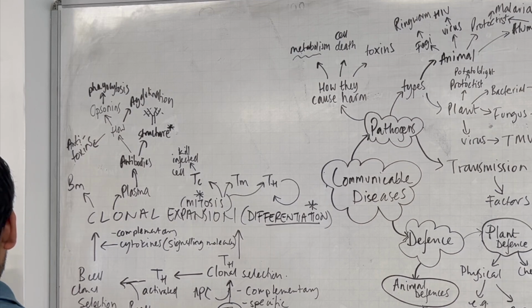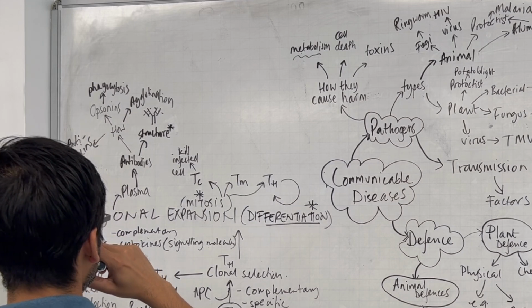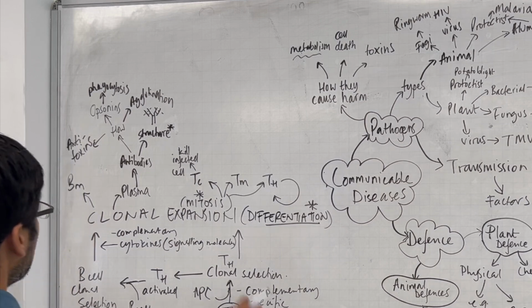Clonal selection, T helper, right. Now that is what we call a primary immune response, and that all takes time.